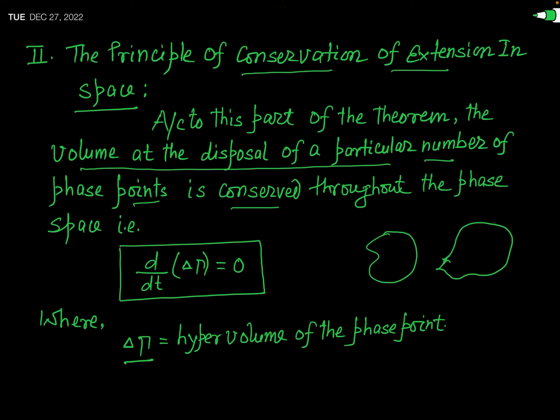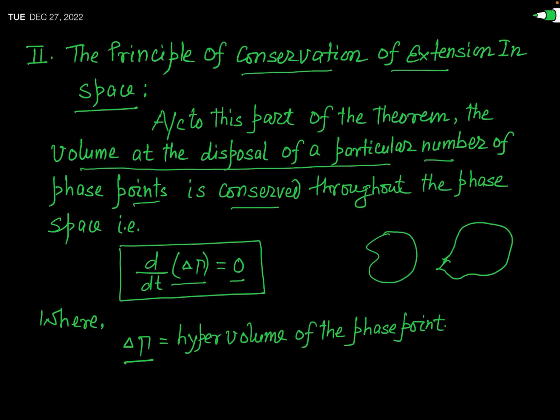So as a whole, the shape of the boundary may change, but the total hypervolume of phase points in this phase space will never change with time. And that's why mathematically you can say that the rate of change of this hypervolume is equal to 0. So mathematically we write d/dt of delta gamma is equal to 0.